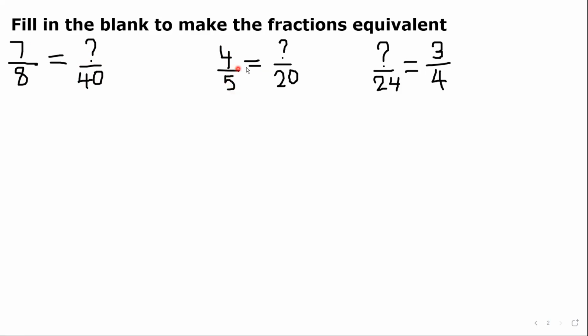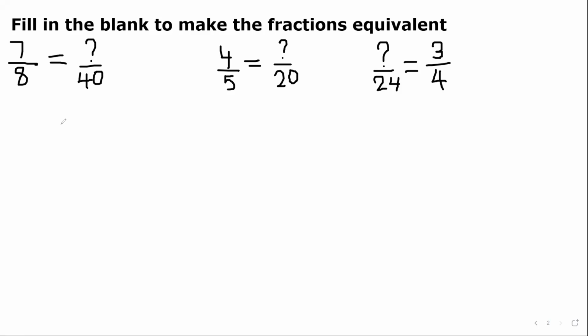We say 4 out of 5 is equal to a certain number over 20. That will be equivalent. We don't know, you need to find out. Now we have this one. Yes, we said equivalent here. They are all equivalent, but there's a number here. When you put it here, that will be equivalent to 3/4. Good. Let's see how to find those numbers here.